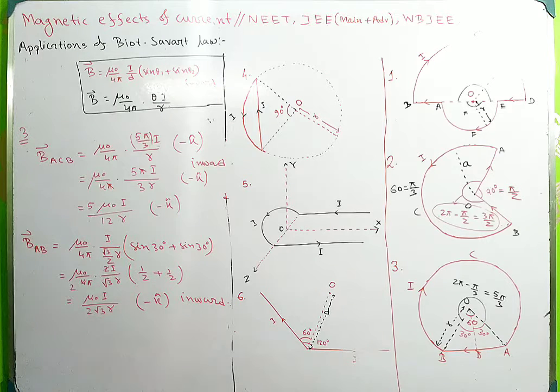So the total magnetic field is given by the summation of these two portions of the magnetic field.